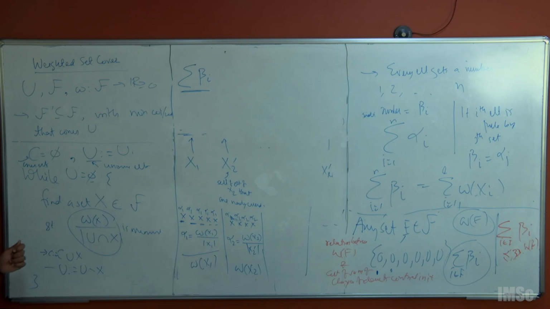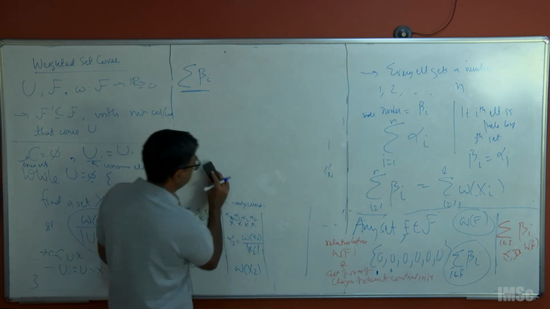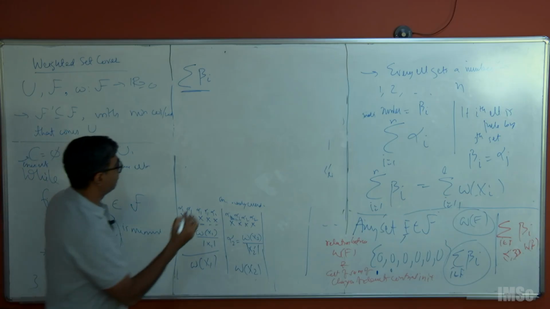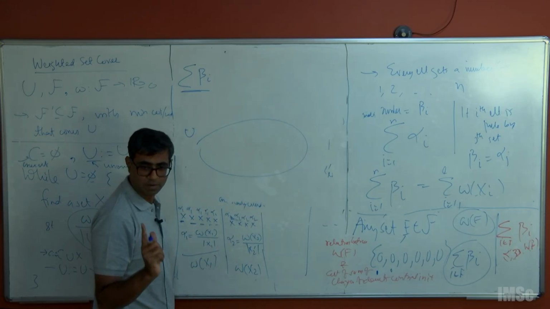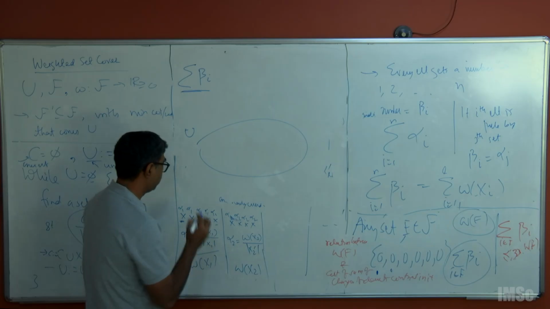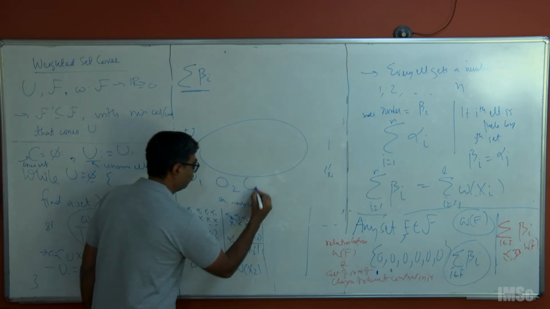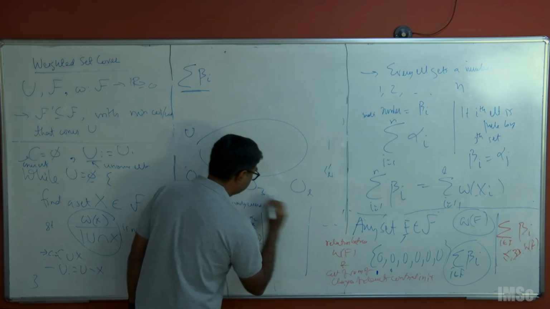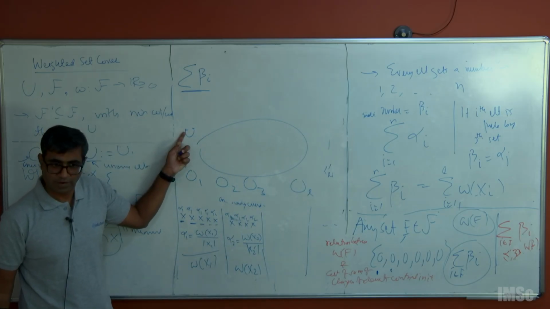Look, let's forget about any set covers. I know that my universe is also covered by my optimum sets. So O1 covers something, O2 covers something, OL covers something. Do you agree? But their union is U. Is that fine?